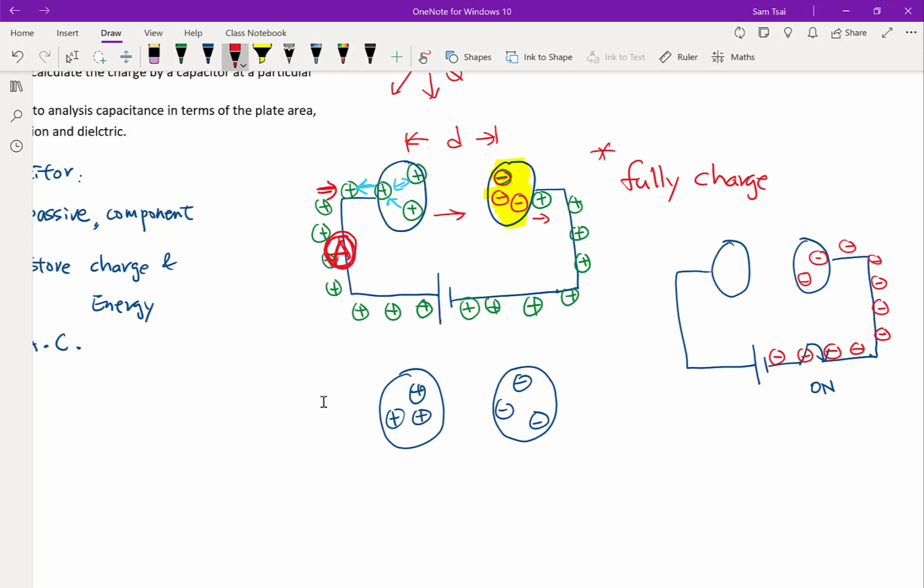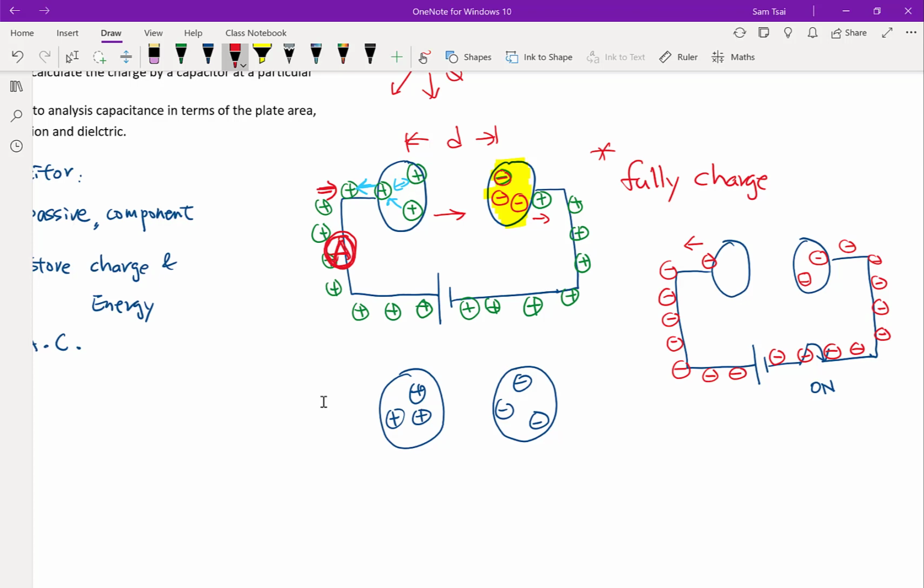Again, the negative charge will repel the negative charge from the left hand side conductor, pushing it out and making it flow into the positive side of the battery.